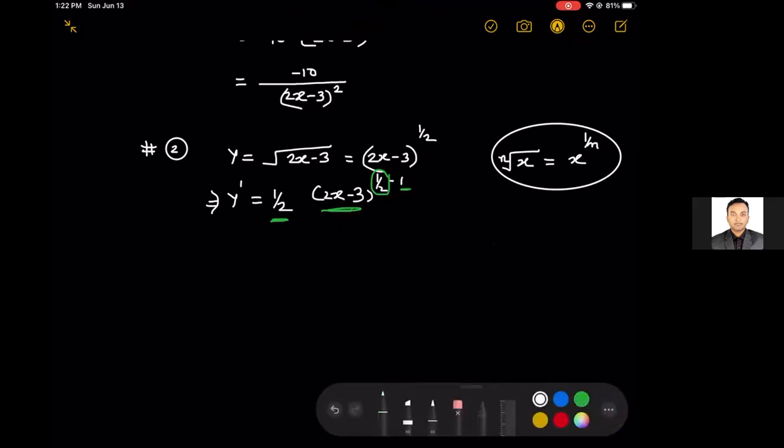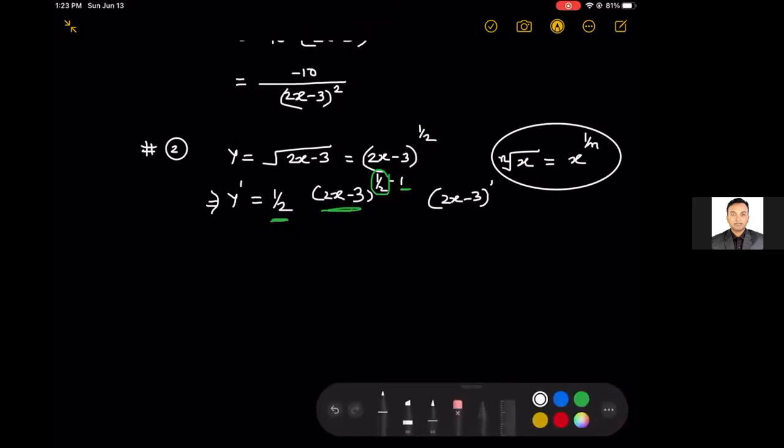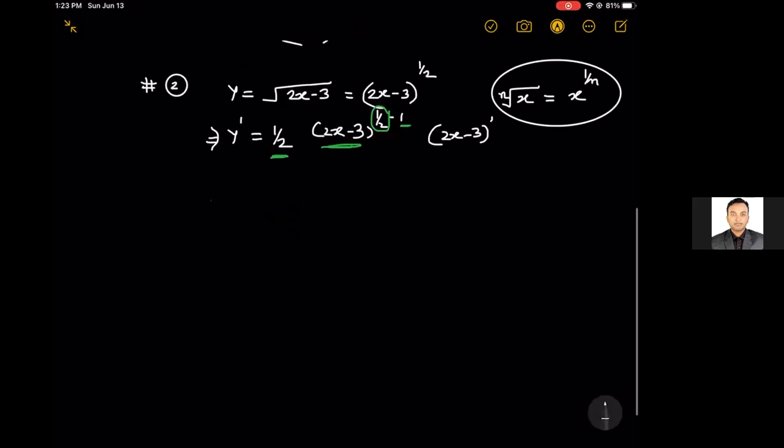So again, we'll multiply the derivative of whatever we have in place of that x using the chain rule. Now let's carry on. We have half times 2x minus 3, the quantity to the power half minus 1, which is a negative half.